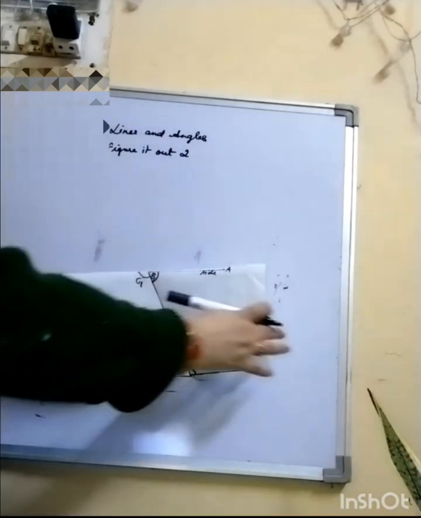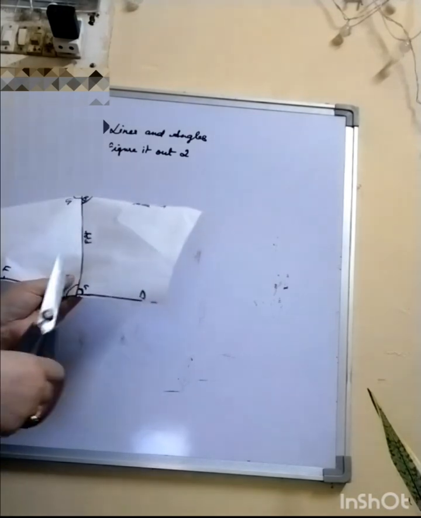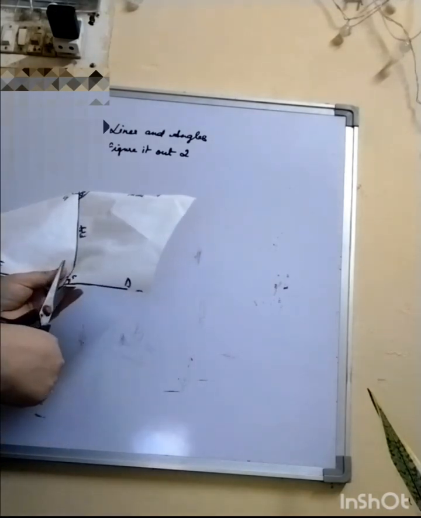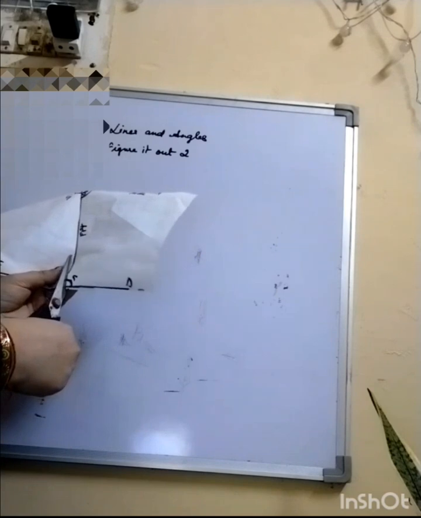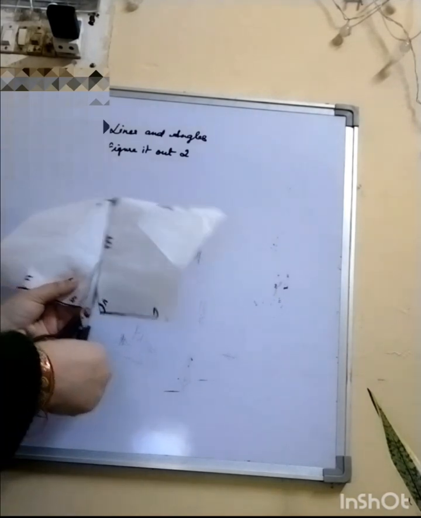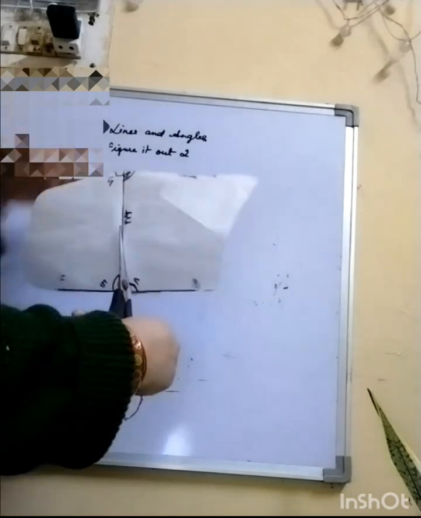So what we are going to do is, this is the tracing paper I have taken. First let us cut the paper along the fold side.